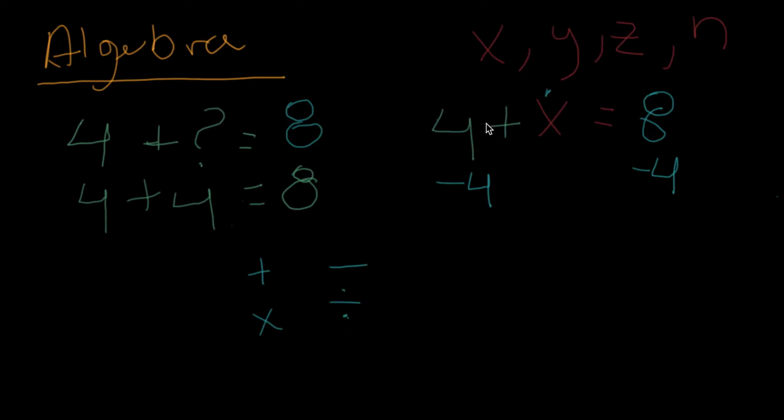Now, since I did subtract 4 on both sides, I am going to get my final result. I'm going to leave x by itself. In this case, variable x is going to equal 8 minus 4. So what exactly is 8 minus 4? Well, that just leaves us with 4.